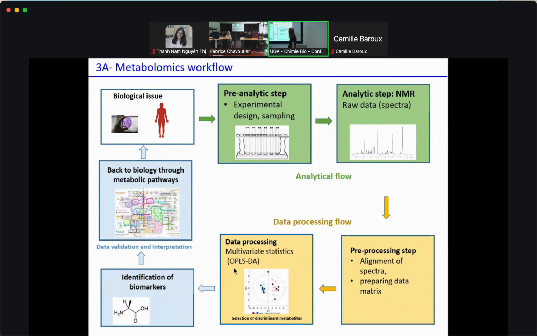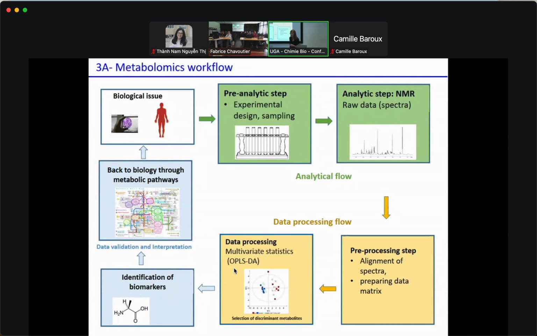After the analytical flow, there is a processing flow, which is also very specific. As I told you before, we use multivariate statistics to build this kind of graph. It is a little bit complex, but interesting to have the basics of statistics. After that, we can use different tools to identify biomarkers.